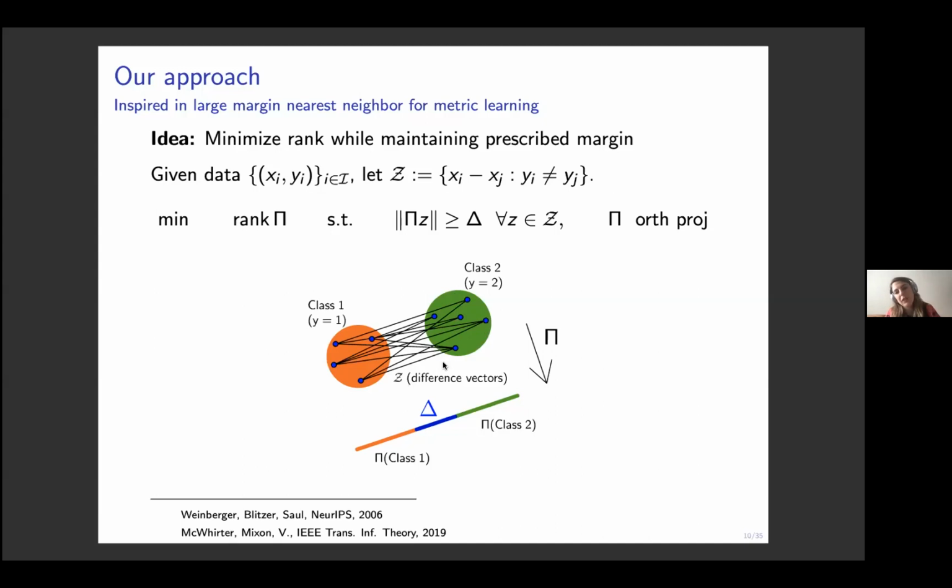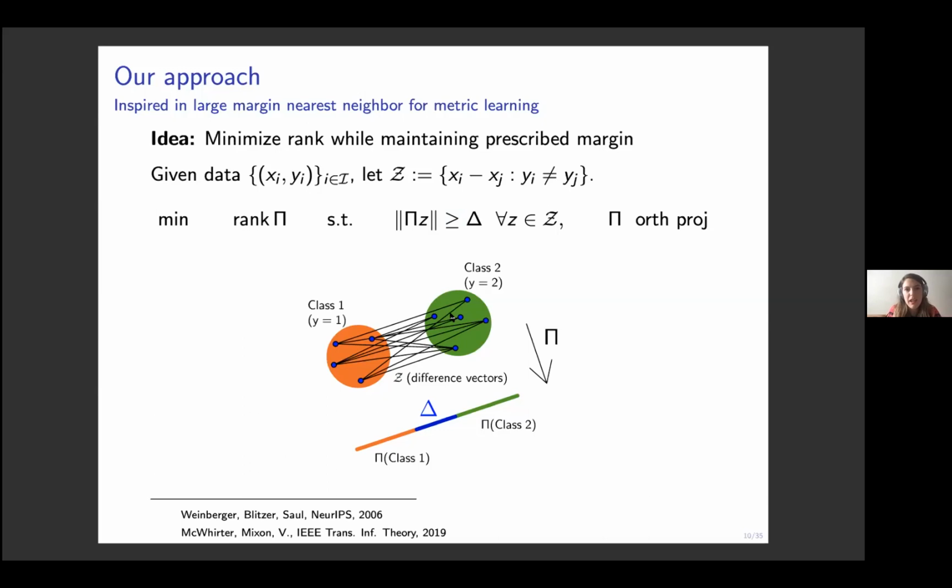Then we're going to look for a projection to a lower dimensional subspace, so that when I project to that subspace, all these Z vectors get projected to vectors with lengths at least delta. This is kind of like what support vector machines do, finding a margin between sets.